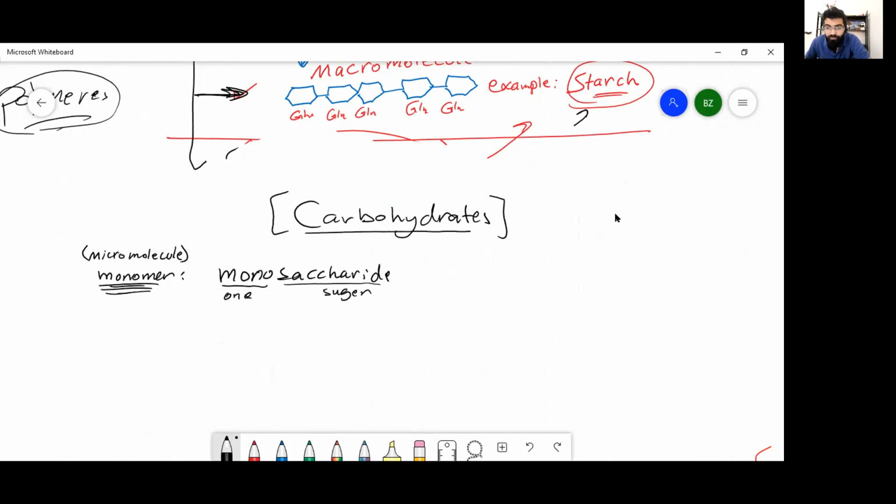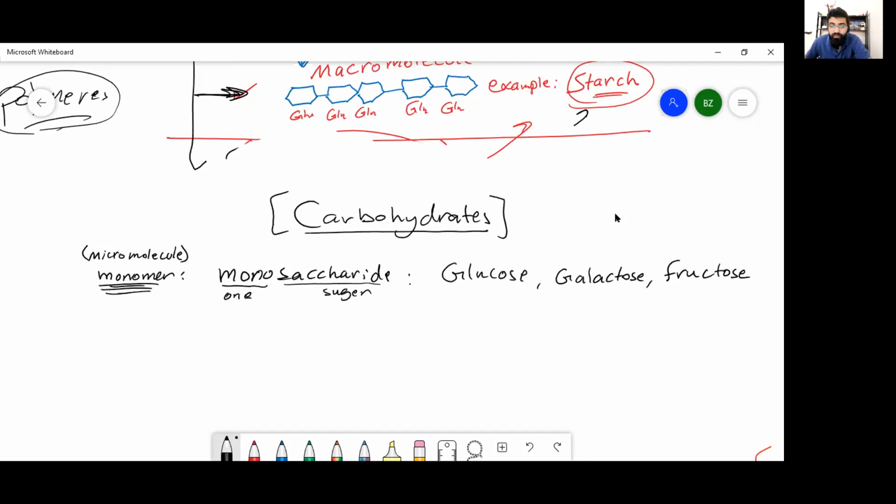Example, I just told you glucose, right? Do we have other examples? Yes. We also have galactose. You have to memorize these names. And fructose. These are called monosaccharides.